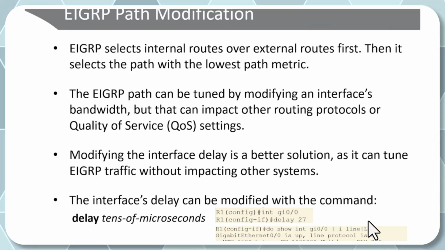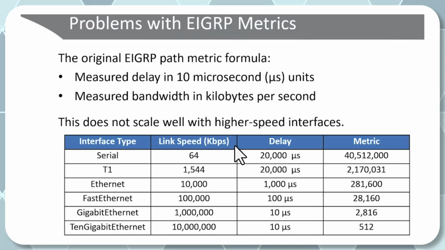If we go to another sheet, you can see the original EIGRP path metric formula measures delay in 10 microsecond units. It measures bandwidth in kilobytes per second.